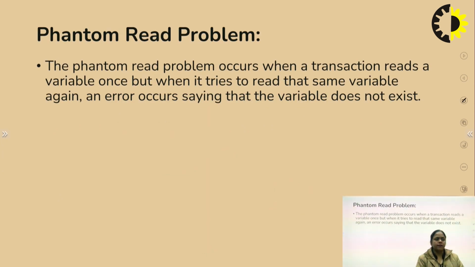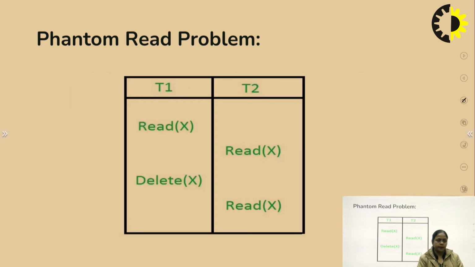Now, next is the phantom read problem. The phantom read problem occurs when a transaction reads a variable once, but when it tries to read that same variable again, an error occurs saying that the variable does not exist. You can see this is one schedule where we have two transactions.